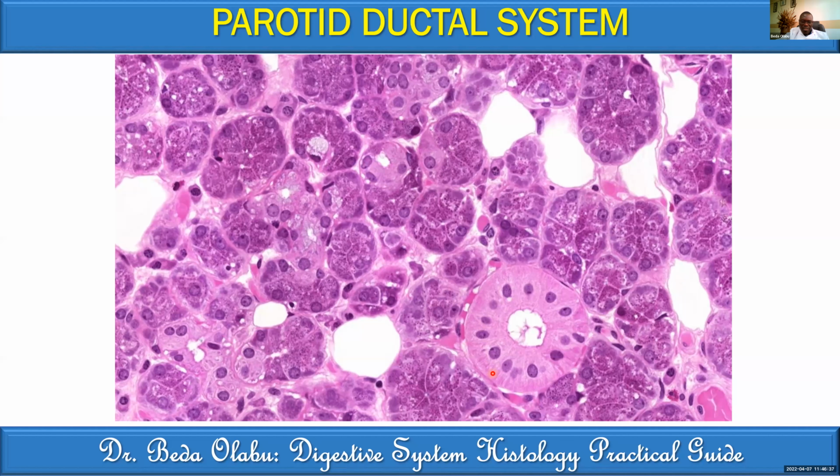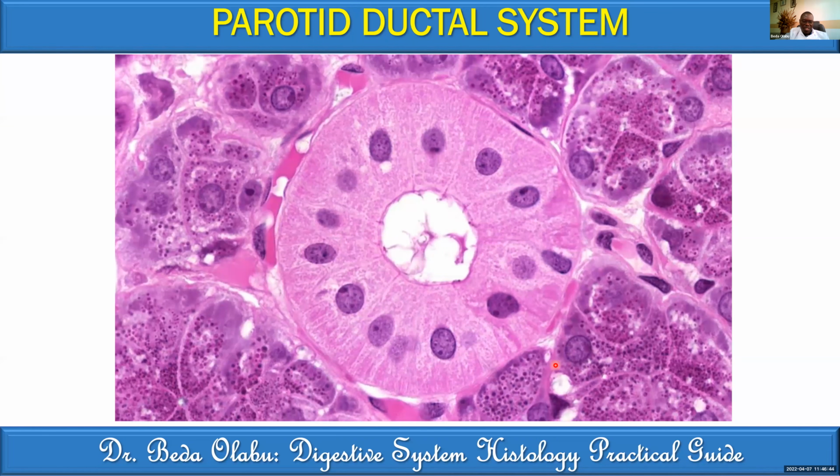And look at the basal zones of those cells. They form some fine lines, maybe a high magnification of that will demonstrate to you what I'm talking about. Some faint lines on the basal side. That is what we call striation because of the number and regular arrangement of the mitochondria on that side. These ones are called striated ducts.